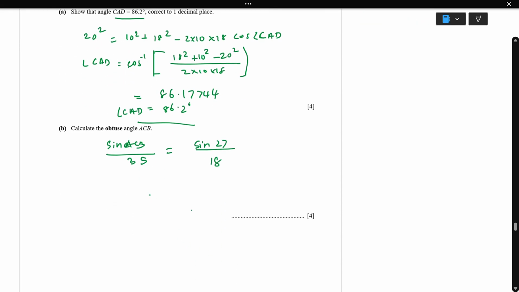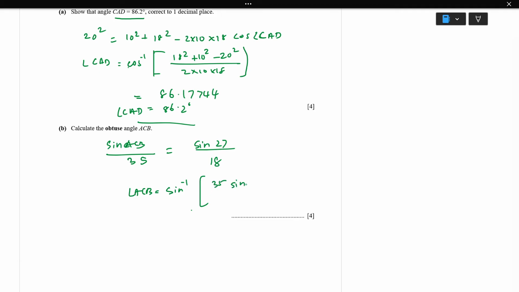So angle ACB equals sine inverse of 35 times sine 27 over 18.